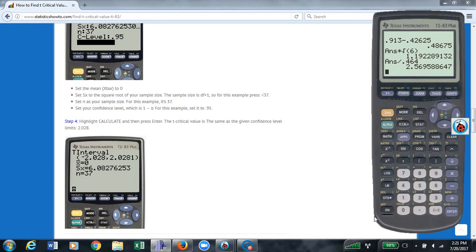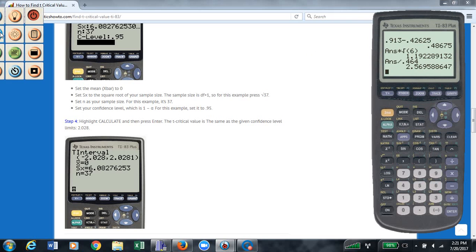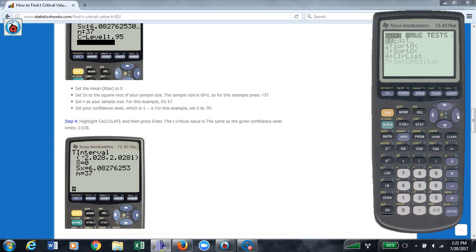If all you have is an 83 plus, you don't have the 84 plus, you could go here and do the t-interval test. Tell it you want the data that's in list 1, and you have to give it your confidence level.